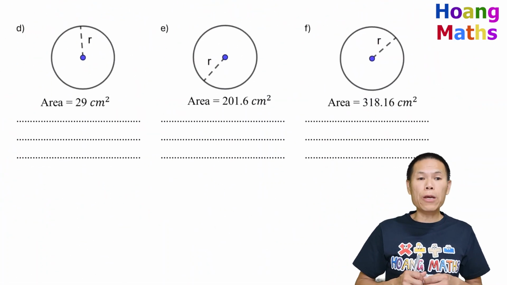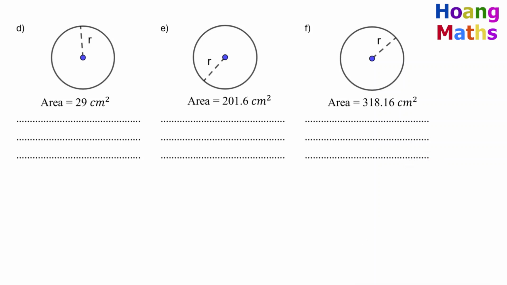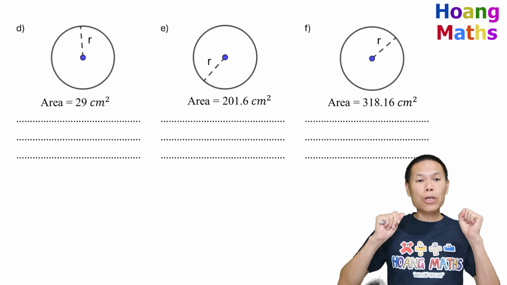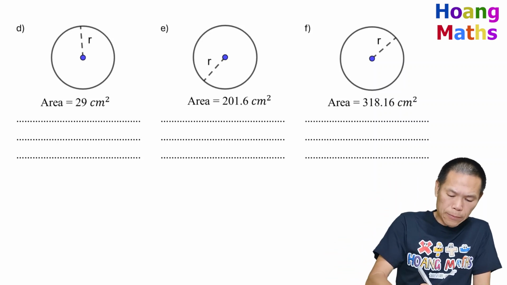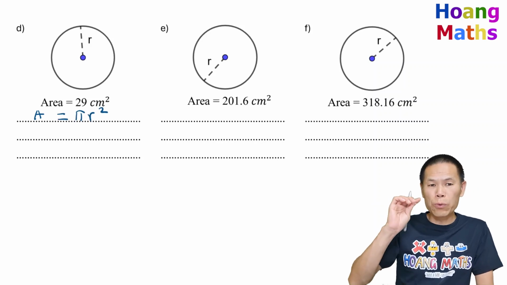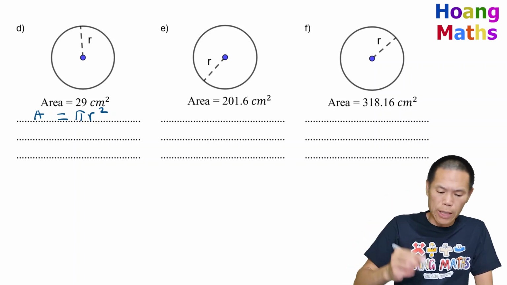Please stop the video and try this one yourself. Hi there, I'm back. How did you go? Let me go through them with you. So we know that A is pi r squared, and the radius is what we need to work out. The area in this case is 29.